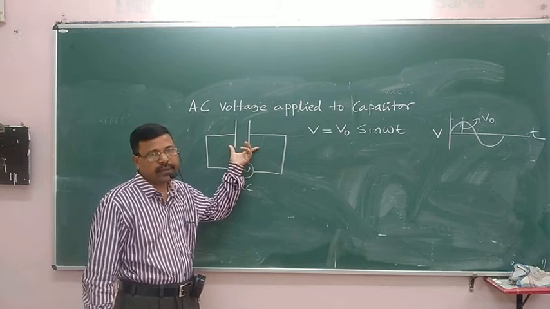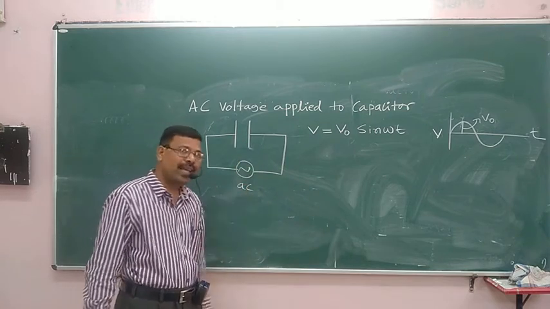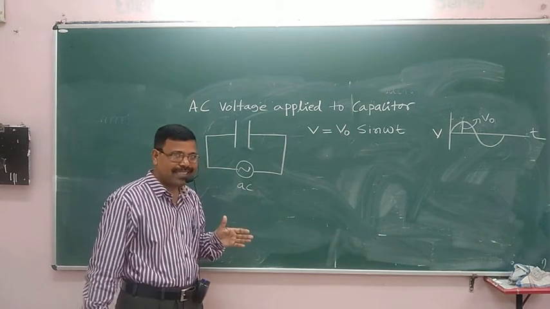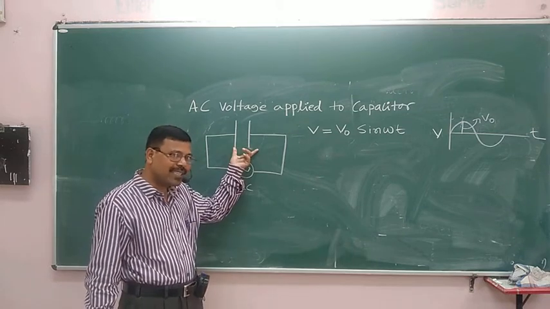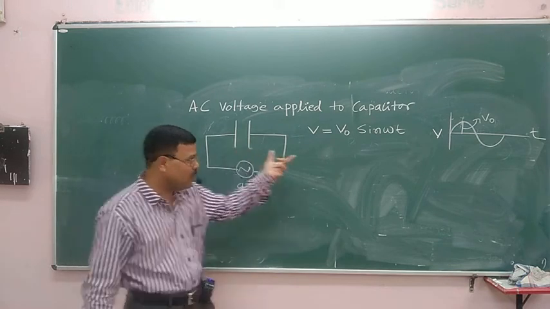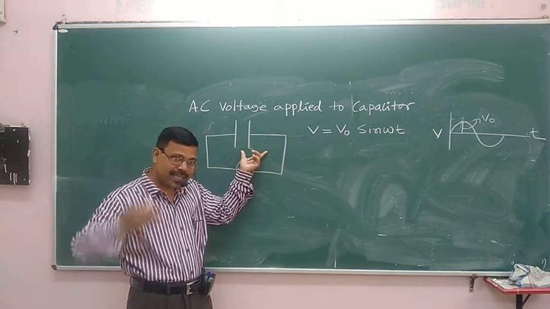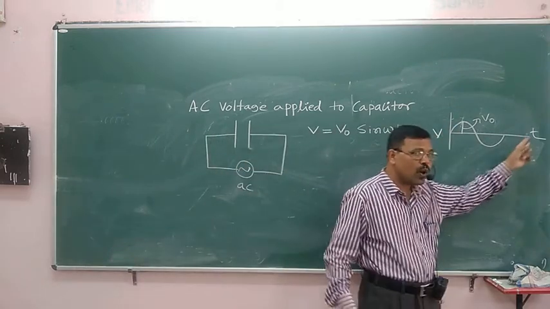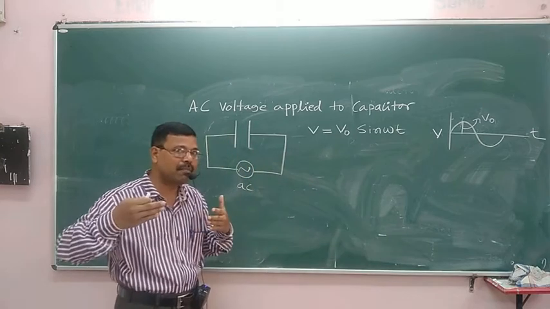As we know, a capacitor blocks DC current and allows AC current. It's very important. Capacitor blocks DC and allows AC current. When it blocks DC current, the capacitor gets charged. But when you apply AC voltage here, the capacitor gets charged, but that charging is also oscillating with time.